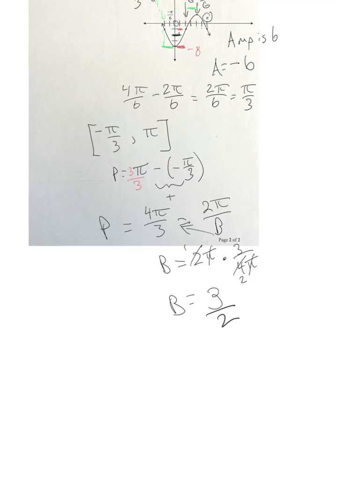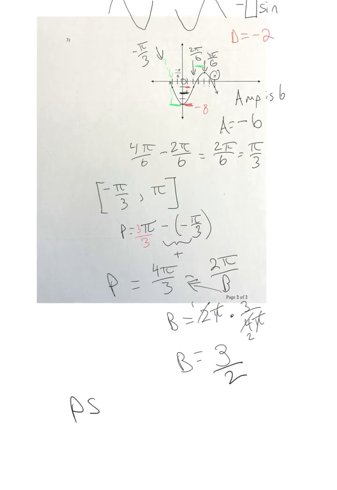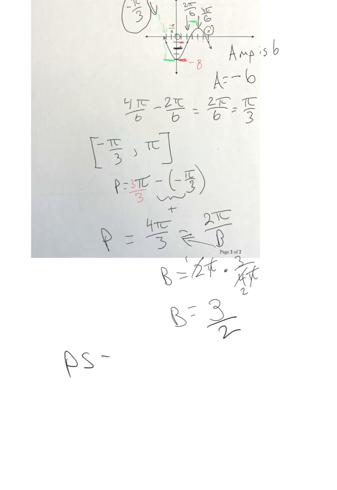Now we got to get the phase shift. PS for phase shift. Remember, we already kind of found that up here. It was shifted left by pi over 3, so negative pi over 3. Okay. But remember, the phase shift is equal to C over B. So negative pi over 3 is equal to C over 3/2.